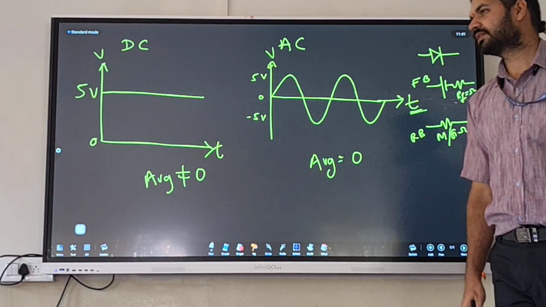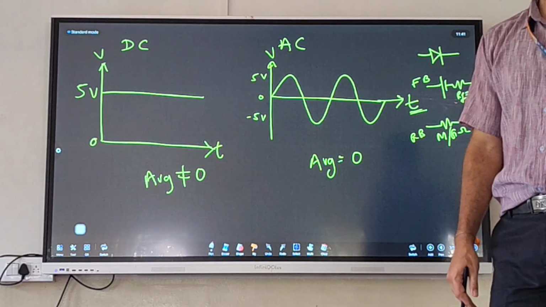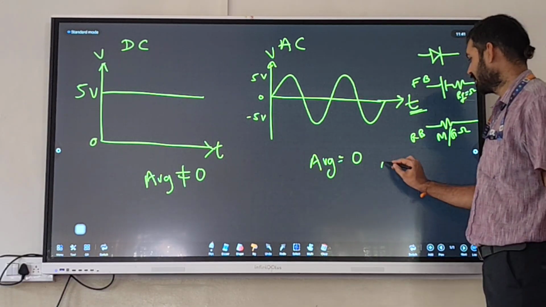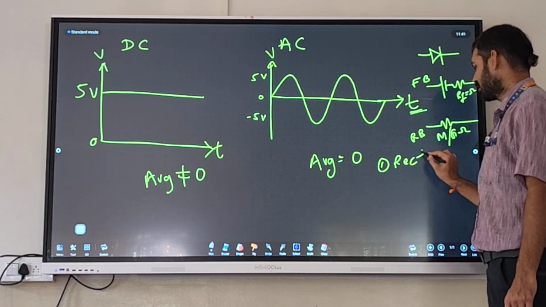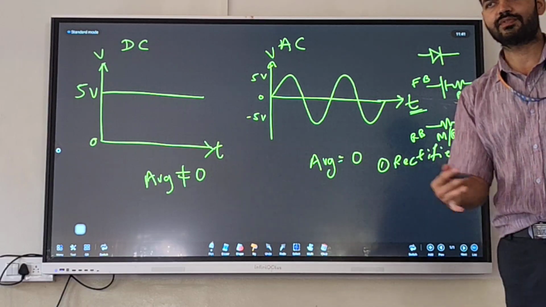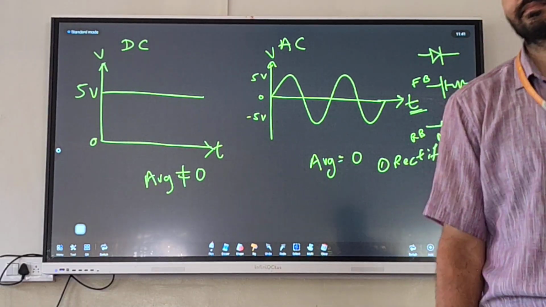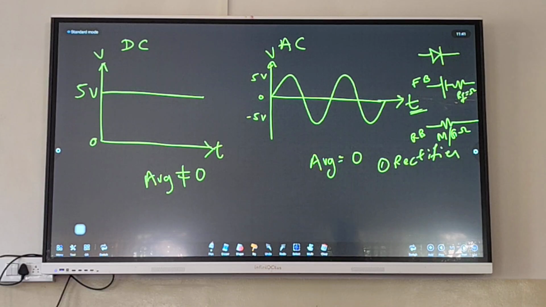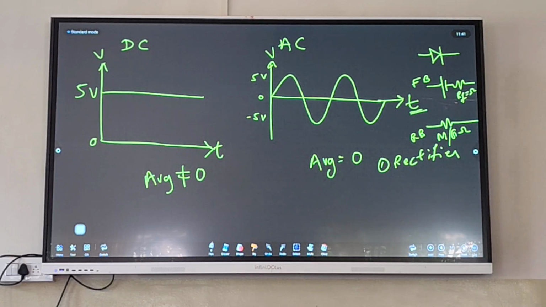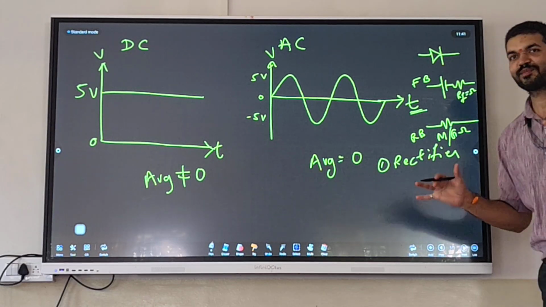Today, what we will do is study the applications of diode. First application we can take is the rectifier. How do we define a rectifier? Feeling like we have heard somewhere but not remembering now.